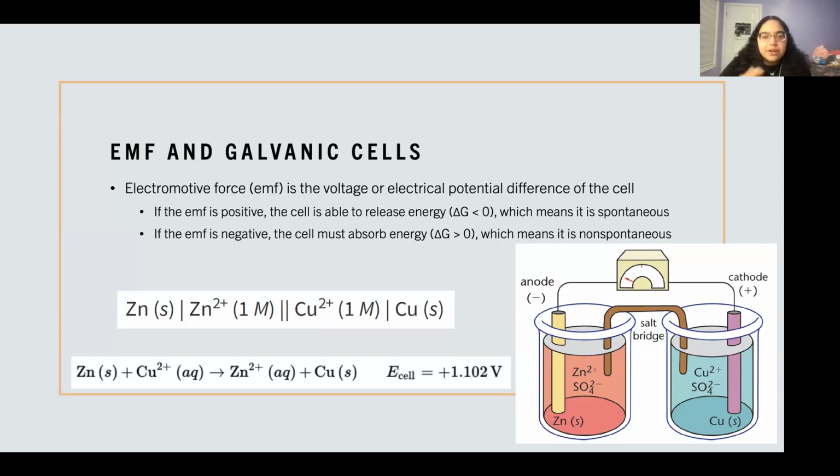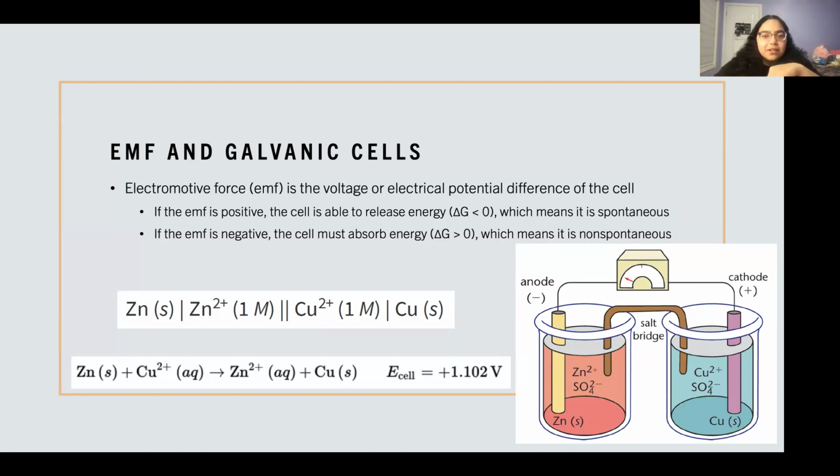So here you have a zinc electrode in aqueous ZnSO4, and then a copper electrode in CuSO4. The anode is the zinc bar, where solid zinc is oxidized to Zn2+ aqueous ions, and the cathode is the copper bar, where you're reducing Cu2+ ions into solid copper.